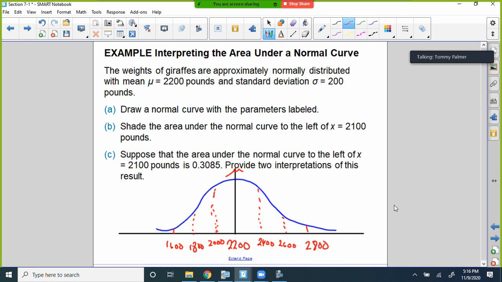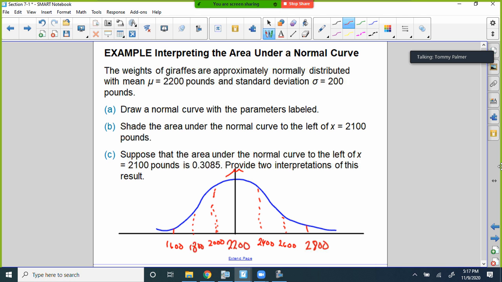Because 99.7% of our population is within -3 standard deviations all the way up to +3. And if we look at 2,000 to 2,400 pounds, then 68% of our giraffes would weigh between that, right? Does that make sense?